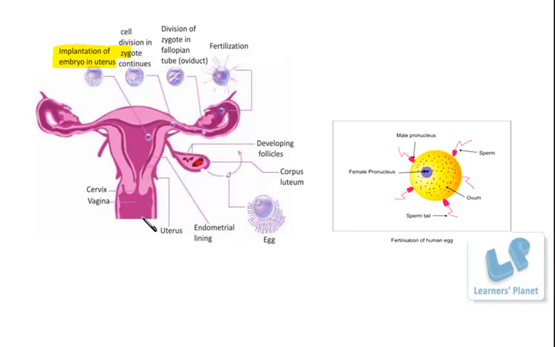So this is how internal fertilization is taking place. Now this picture is actually showing the internal fertilization in human beings. Similarly, it is going to take place in different types of organisms also, right? And of course, further development will take place, which is going to vary among different types of organisms.